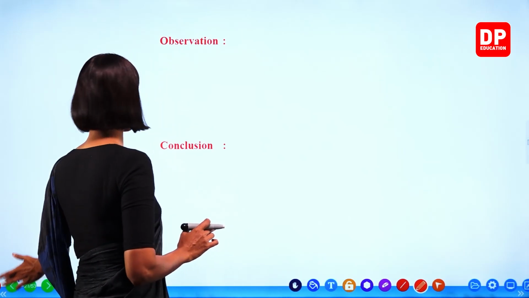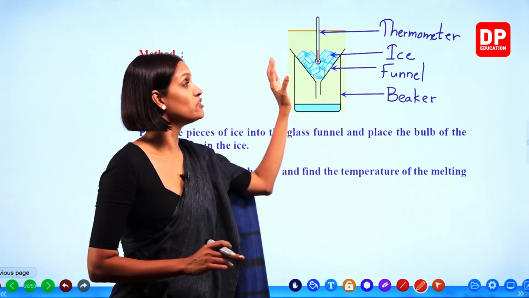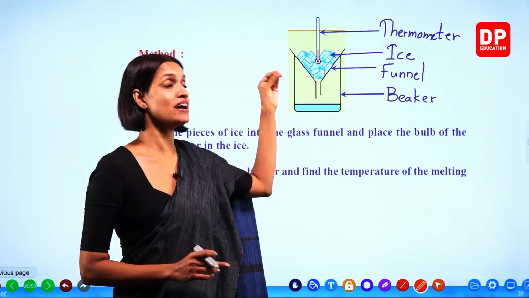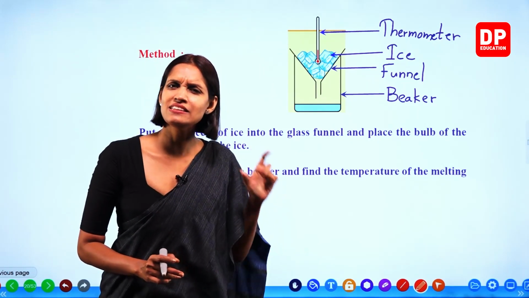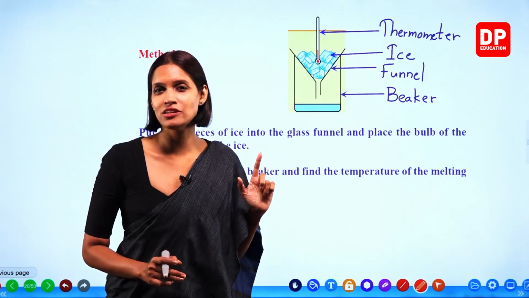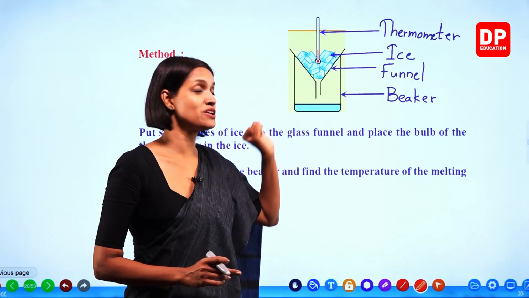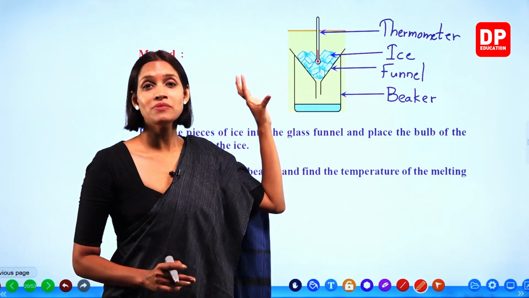So you all observed what happened. We did this activity. We placed the thermometer in between ice and we observed what happened to the reading of the thermometer while ice is melting. Did the reading change? No, it did not. Throughout the time we were observing this experiment, the temperature remained at the same value.